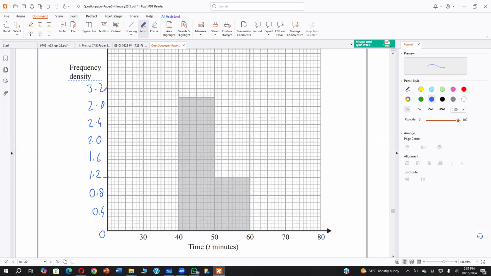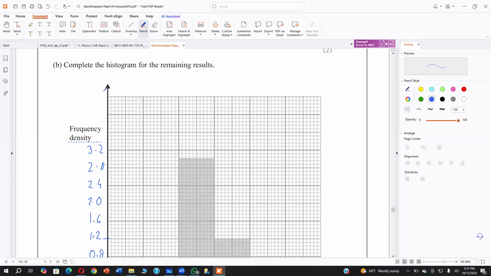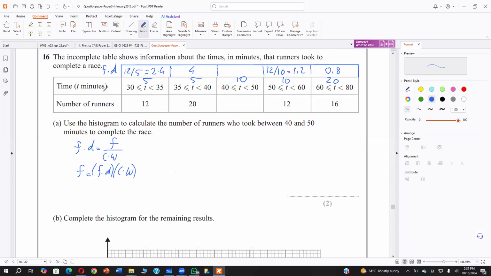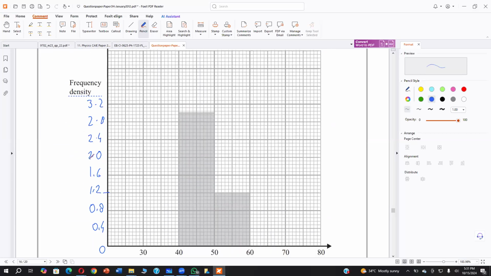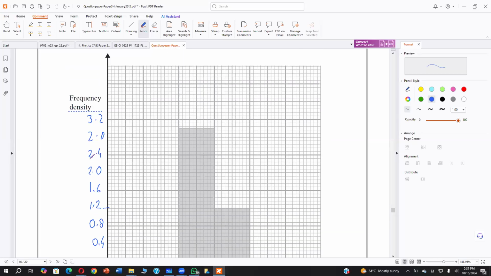I have marked the scale. What is frequency density for 40 to 50?